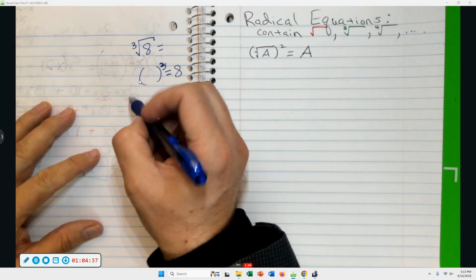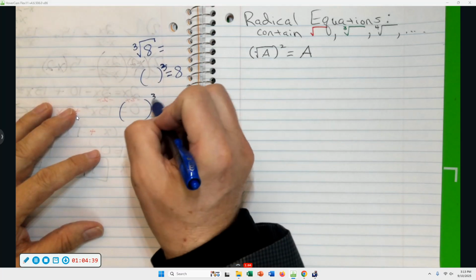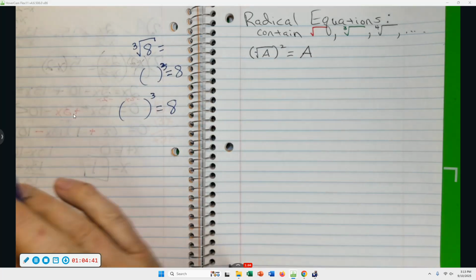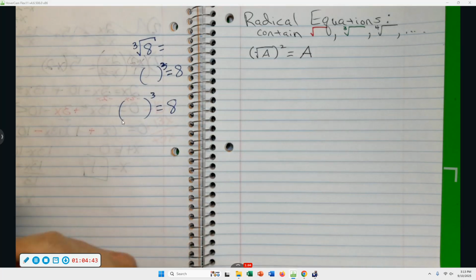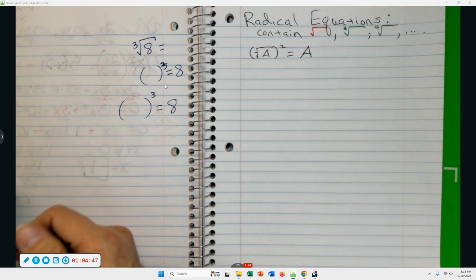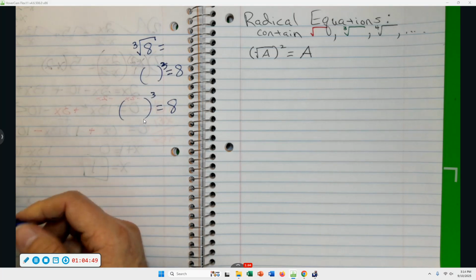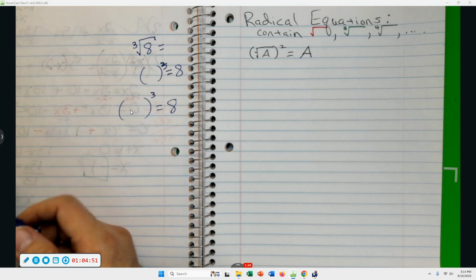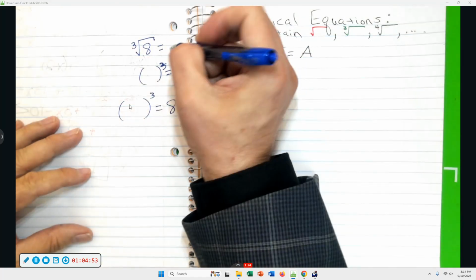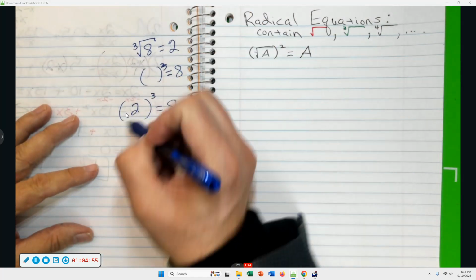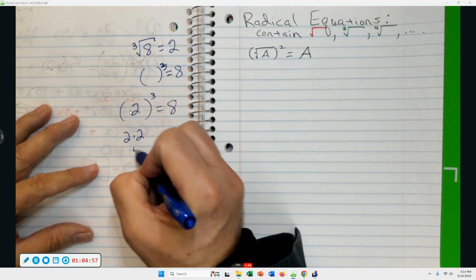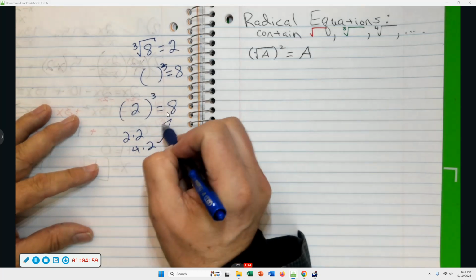What number? Cube means you write it three times. It's not 1 times 1 times 1. What's the cube root of 8? 2? I agree. Because 2 times 2 is 4 times 2 gives you that 8.